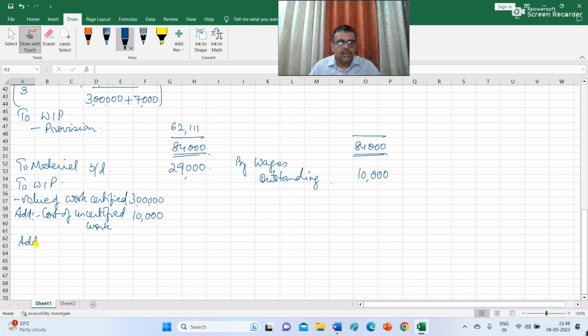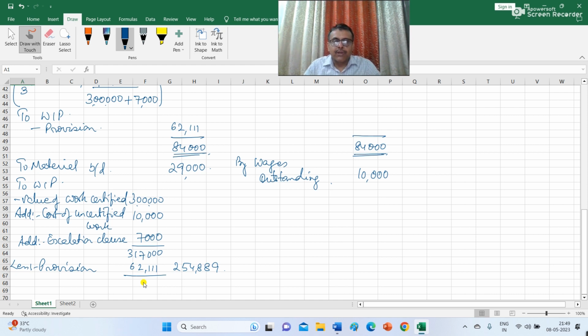Add escalation clause, rupees 7,000. Total 3,17,000 and subtract the amount of provision for rupees 62,111 and you have to write 2,54,889. So I expect all the students have recorded the question with solution in your notebook.